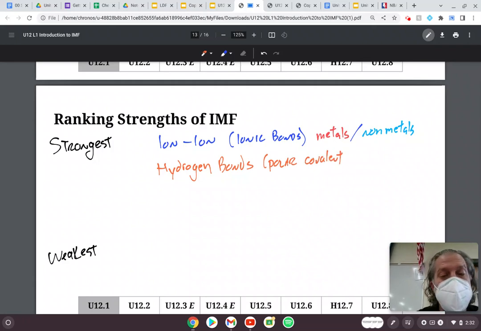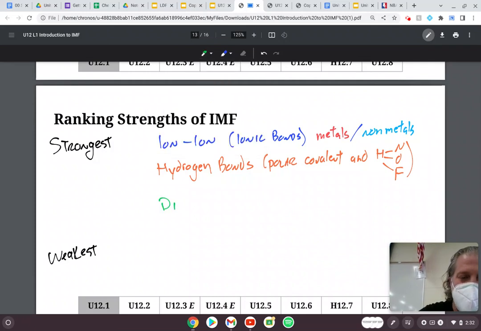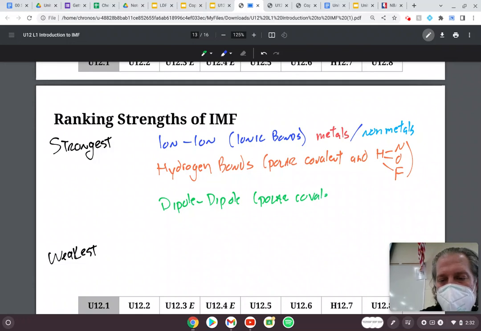The next strongest one is hydrogen bond. It's a polar covalent molecule, and hydrogen with nitrogen, hydrogen with oxygen, hydrogen with fluorine. Next strongest is dipole-dipole, which is simply a polar covalent molecule.